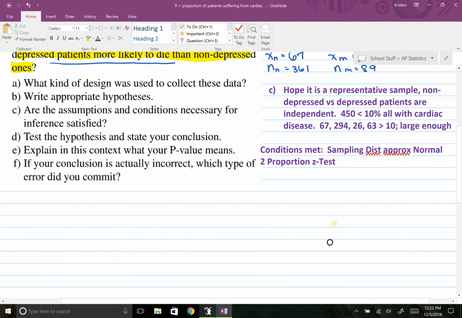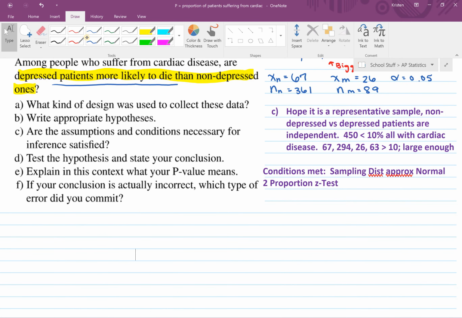Now we're actually going to test the hypothesis. For the hypothesis test, you need to recall that always with a hypothesis test, you are going to pool your samples. This is very, very critical because it's going to affect how you calculate your standard error.